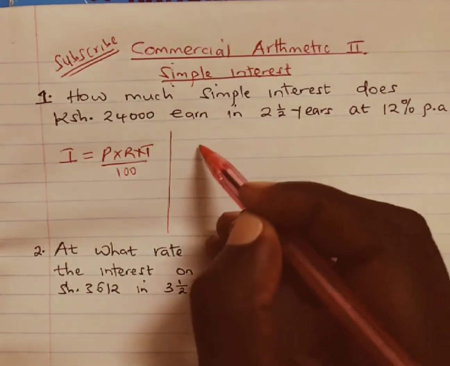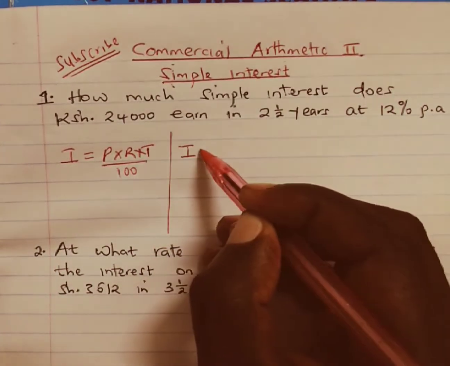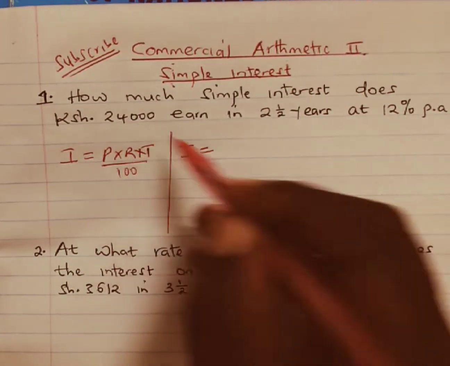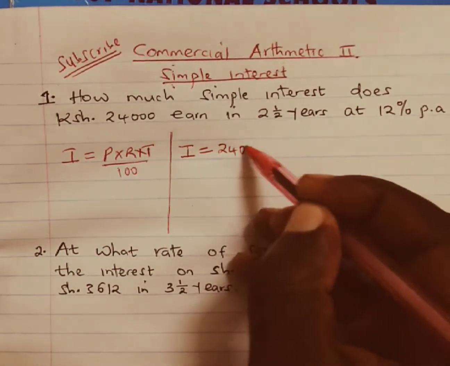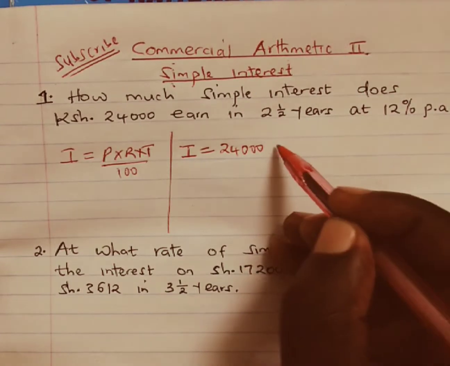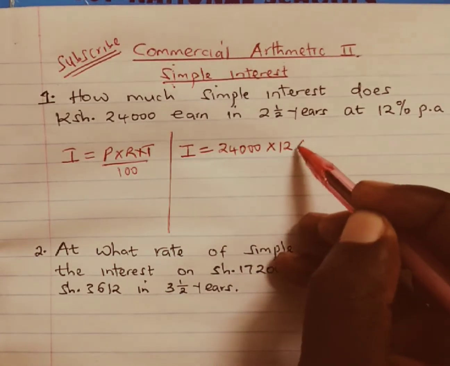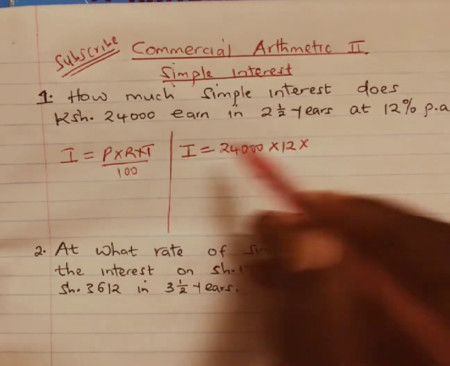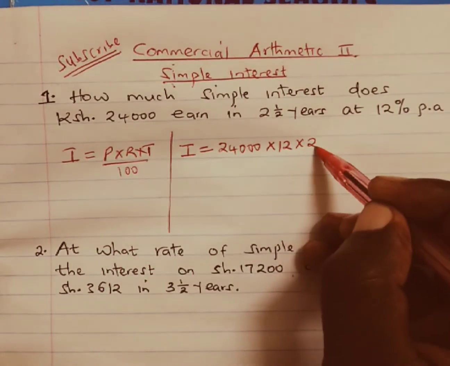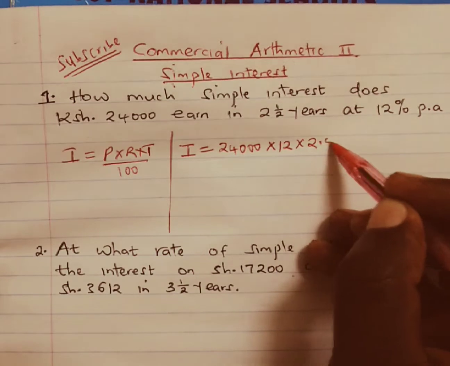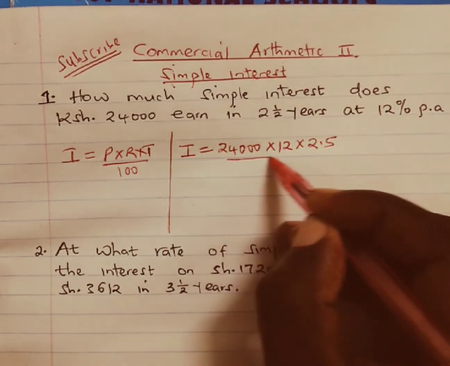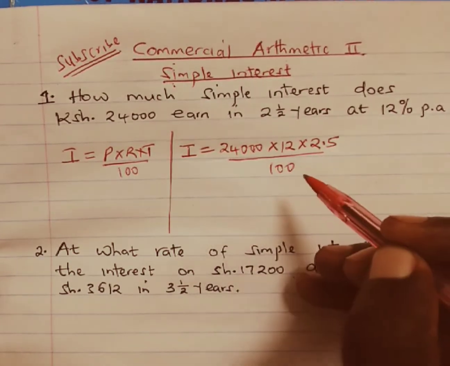In this case now, our simple interest is going to be equal to the principal, which is 24,000. We multiply by the rate, which is 12%, multiply by the time t, which is 2.5 as a decimal. Then everything divided by 100.